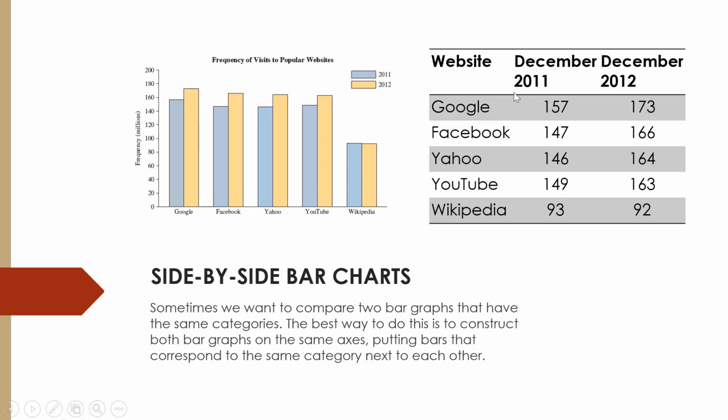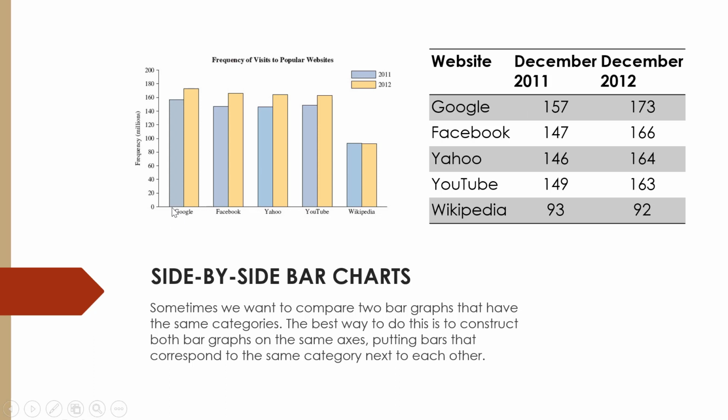So there are two possible comparisons here. We not only compare between the categories, but also between the years 2011 and 2012. So in this case, we need side-by-side bar charts, and the information of the same category will be bars placed next to each other.